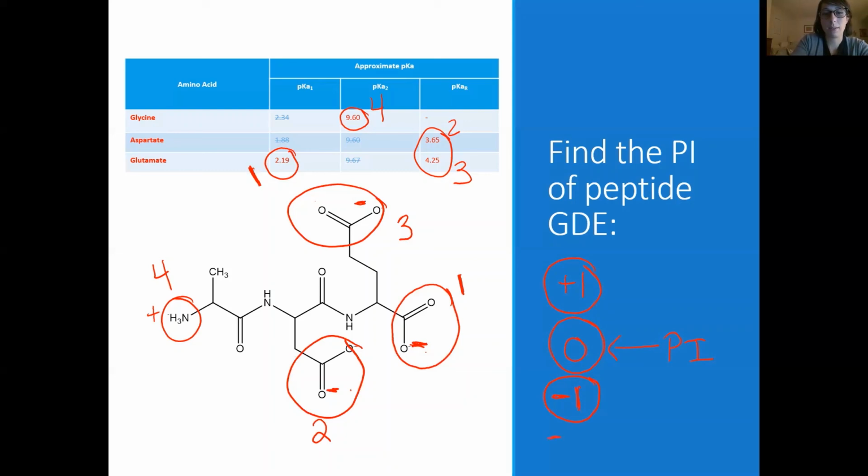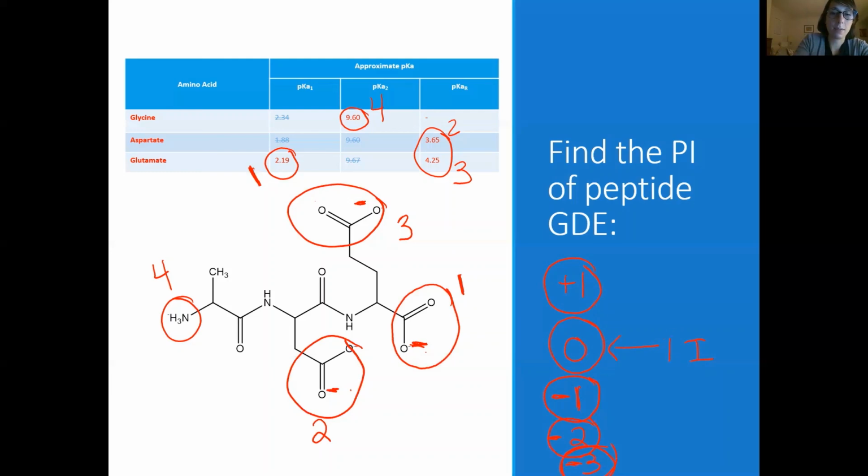We'd be at -2. And finally, if we were to continue further and remove the final proton on our glycine on the amino group here, we would lose the positive charge and ultimately have a -3 as our total charge.